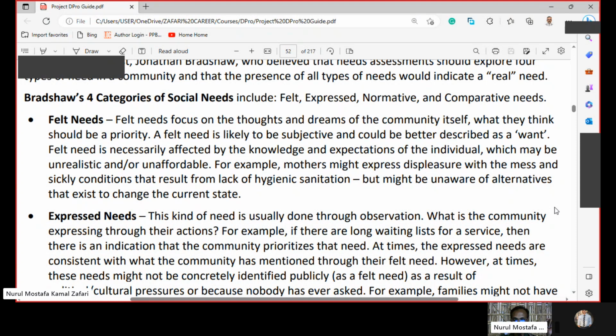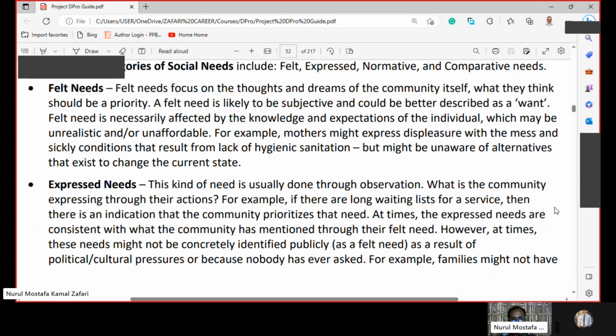Expressed needs. This kind of need is usually done through observation. What is community expressing through their actions? For example, if there are long waiting lists for a service, then there is an indication that the community prioritizes the need.